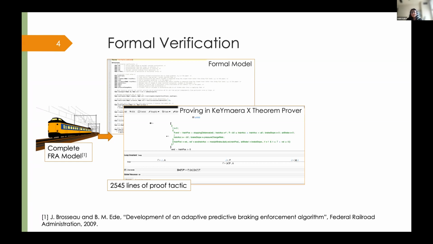And the KeYmaera X ecosystem has a tool for this. VeriPhy, a tool created by Rose Bohrer, is this verified automated pipeline that takes these real valued dL proofs to machine arithmetic in a verified way, preserving the safety properties.